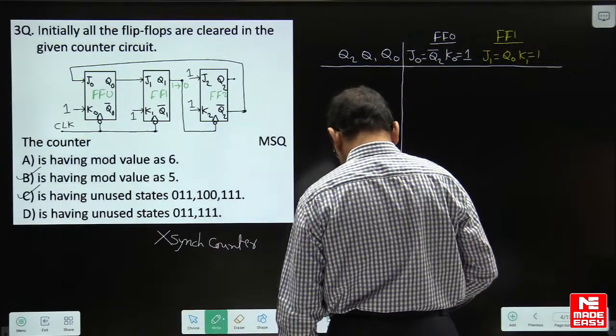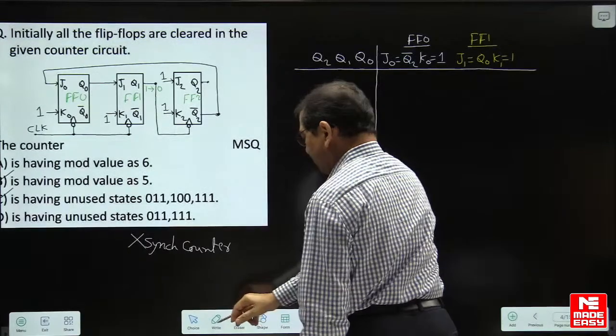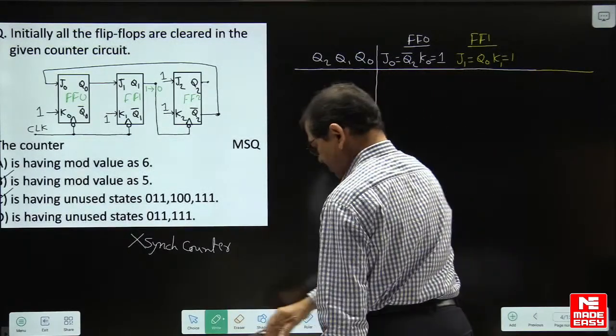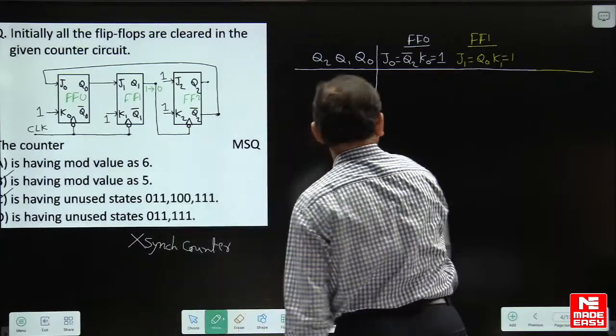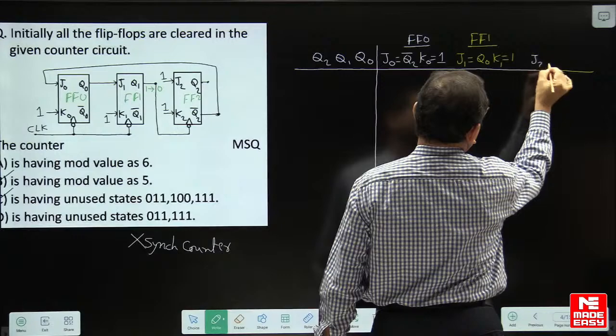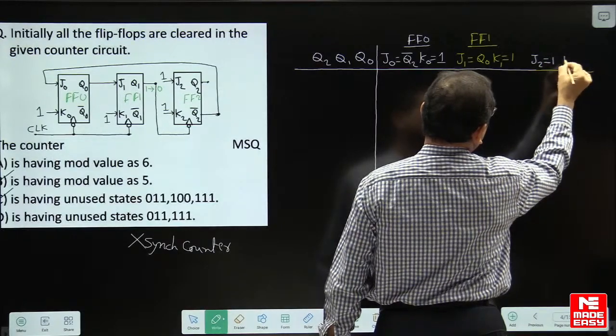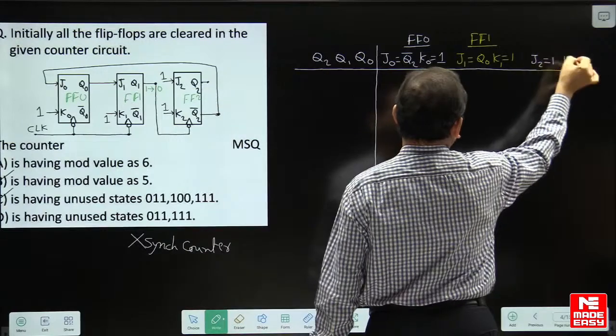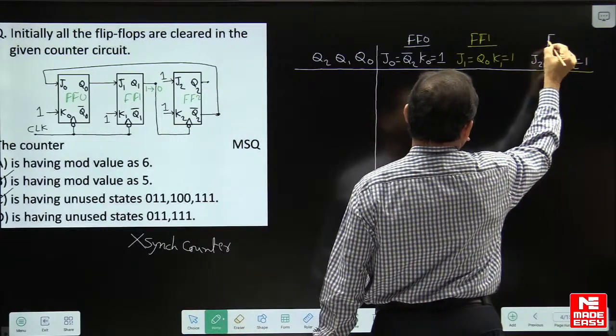And coming to flip-flop 2, J2 and K2 both are connected to 1 externally. So effectively flip-flop 2 is a T flip-flop, a toggle flip-flop.